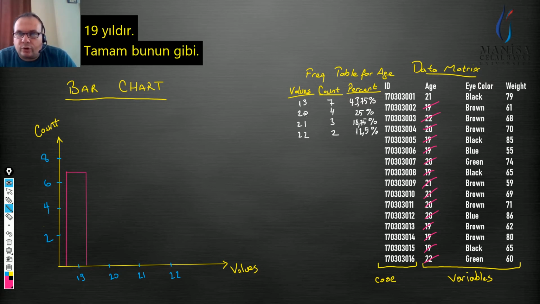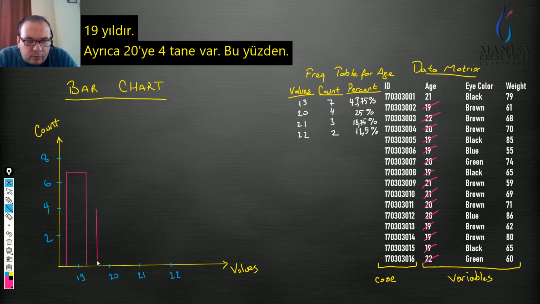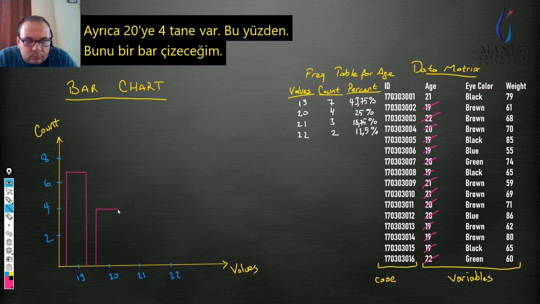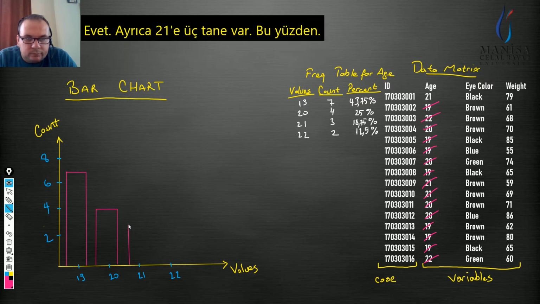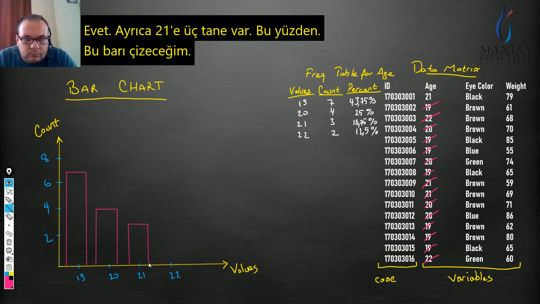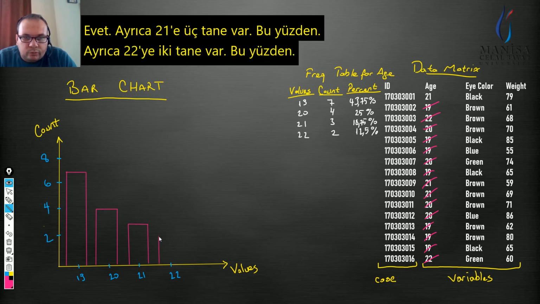And for 20 we have 4, so I'm gonna draw a bar like this one. And for 21 we have 3, so I'm gonna draw this bar. And for 22 we have 2, so I'm gonna draw this bar.